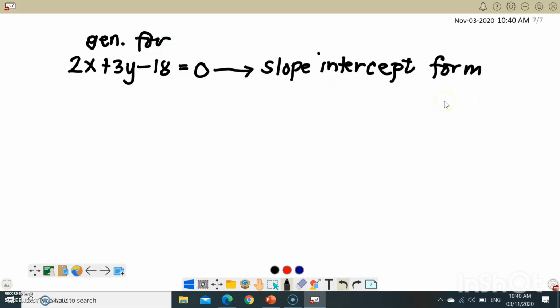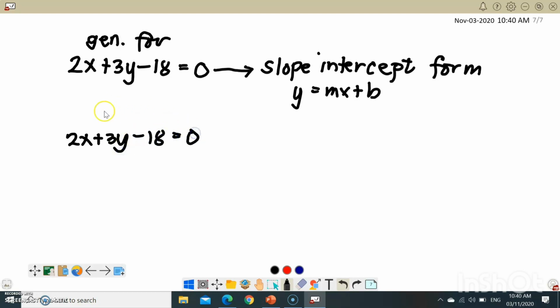Remember, the slope-intercept form follows the form y = mx + b. So for 2x + 3y - 18 = 0, we need to transpose positive 2x to the other side of the equation, same with negative 18. From positive 2x, transposing it to the other side, it becomes negative 2x. Negative 18 transposed to the other side becomes positive 18.